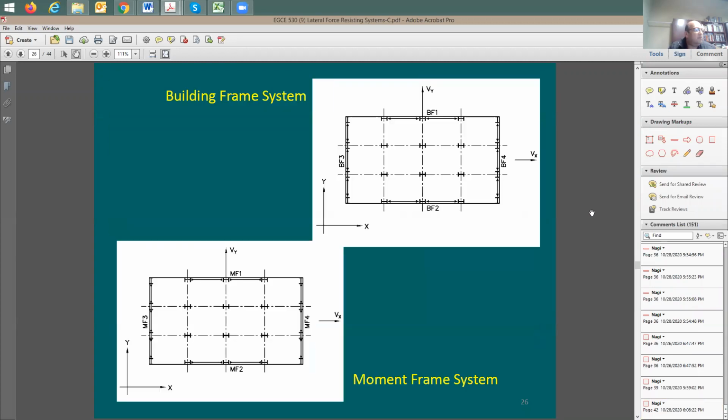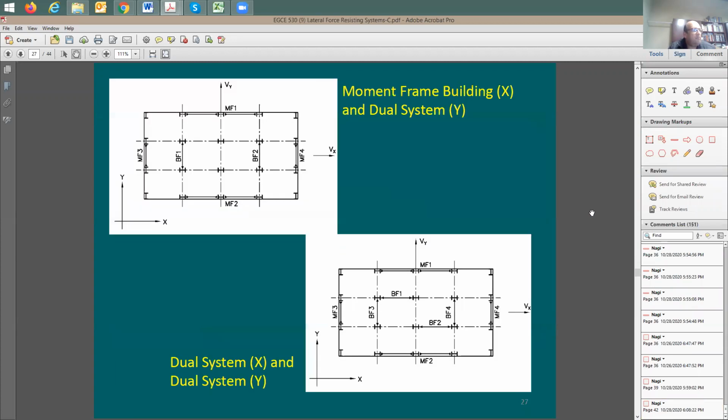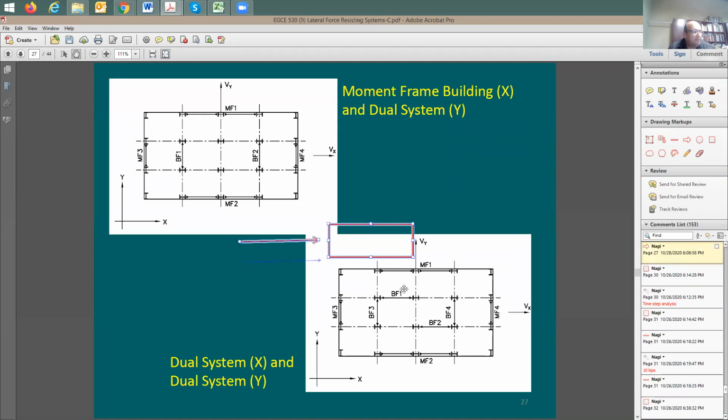Can I take you to go to one of these buildings? This is going to be a very good example that we can do our marking on. Can I put the seismic forces here?